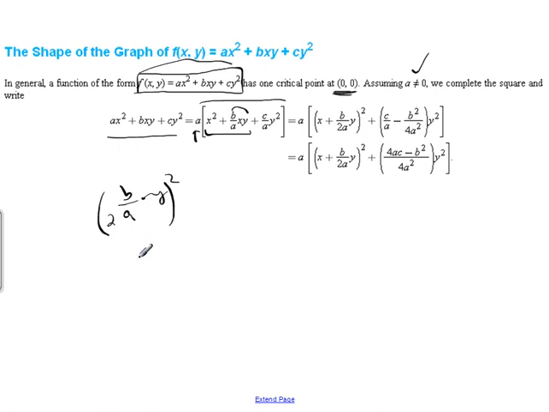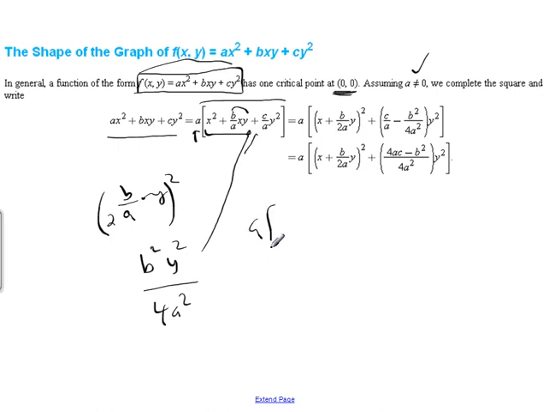And what we get is b squared y squared over 4a squared. And what we're going to do is add this here and subtract it as well.